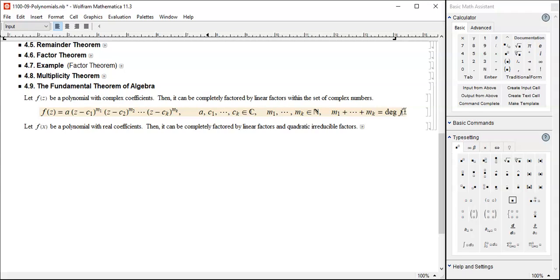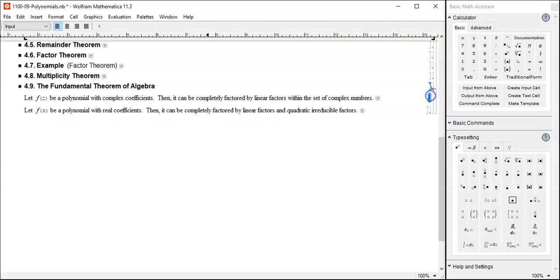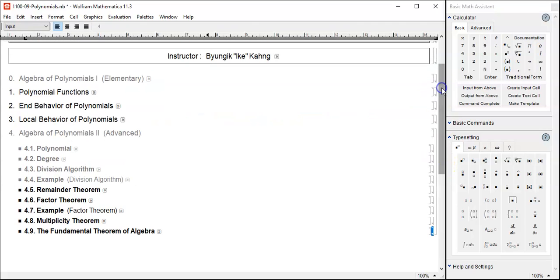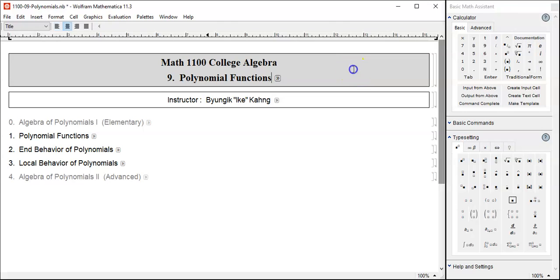In the complex number field, everything can be factored completely all the way down to linear factors. But then again, if you have real polynomials, then you have to have complex conjugates. So one, and then we have its conjugate. So add them together, multiply them together, then we have the quadratic irreducibles. The detail is way above our heads, so let's stop here.